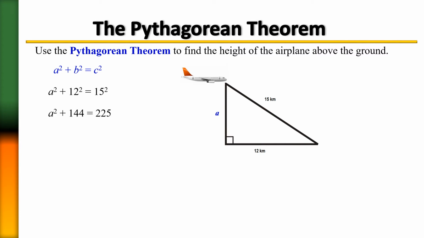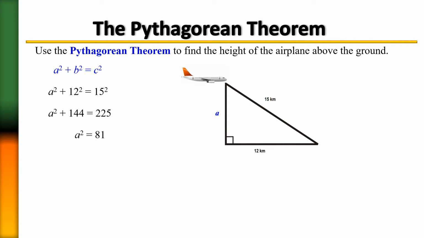Our next step to solving for A, we need to get A all by itself. Right now, 144 is on the side with A, so let's subtract 144 from each side. Last step to solving this for A is to take the square root of both sides, use that square root property.